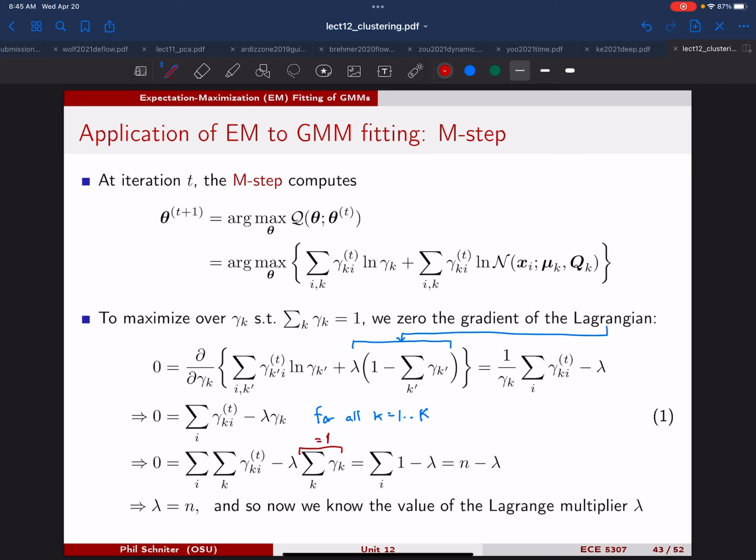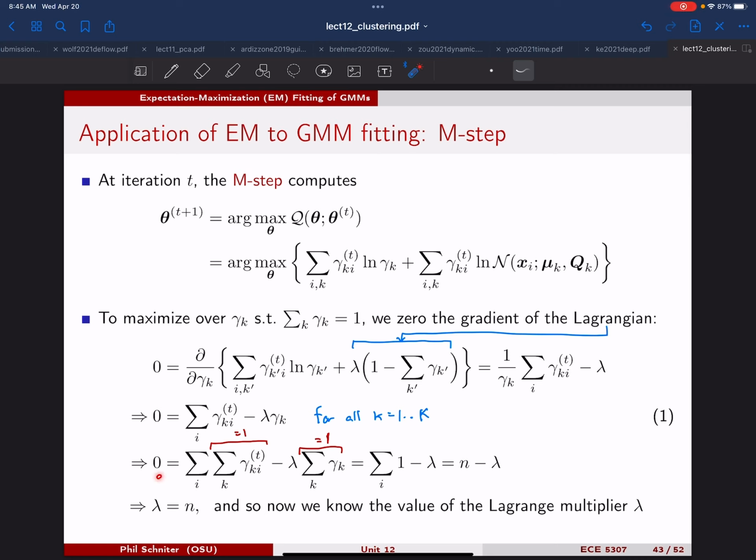Simplifying the expression. Also, remember that for every fixed i, this sequence over k is also a PMF. So if I sum that over k, that also equals 1. So that massively simplifies things.